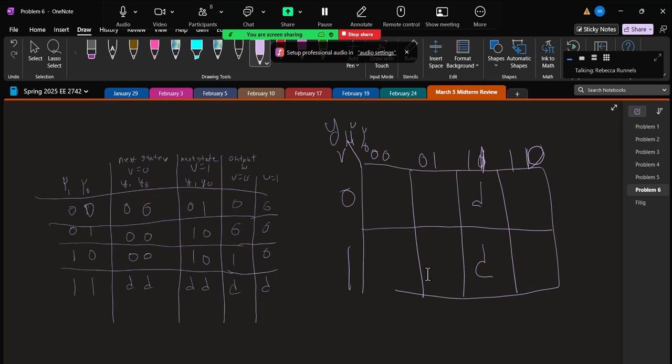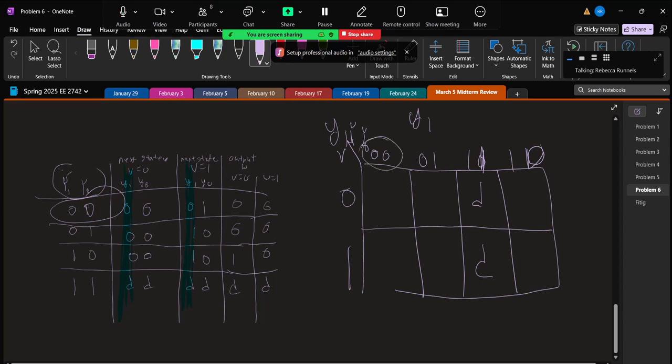Right now, I'm doing y1. This is the part where I usually have the most confusion. So I want y'all to look at what I'm doing. I'm looking at the y1 column here for my next state. That's y1. I want to see what y1 is when I'm starting with Y1, Y0 as 0, 0.